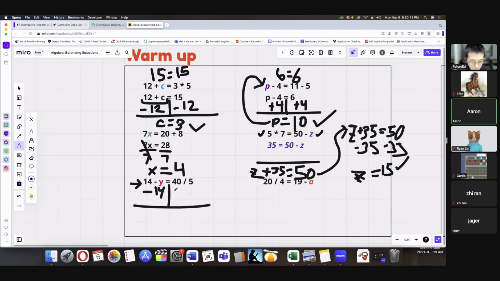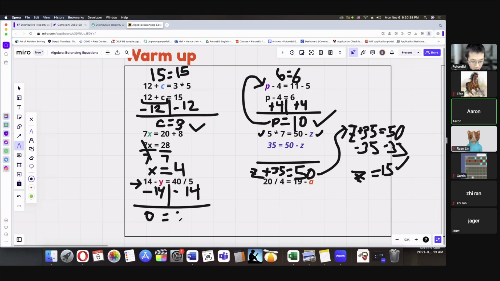Okay, we get 0. And then do 40 minus 14. On the right side is 40 divided by 5. Okay, so let's do 40 divided by 5 first. What's 40 divided by 5?